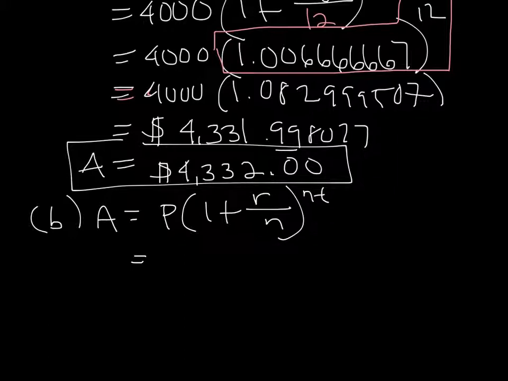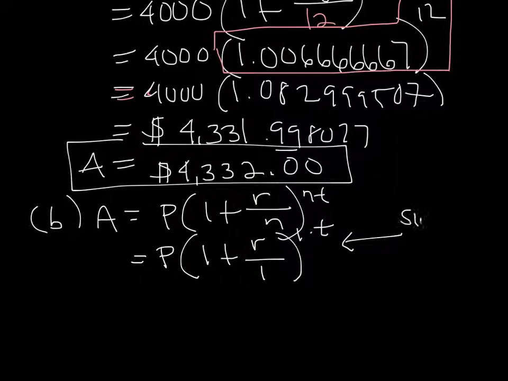For simple interest, it's 1 year, so our n is 1 in this case, because it tells us it's simple interest.